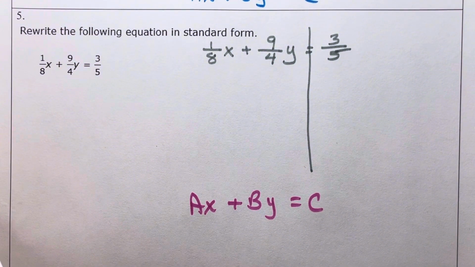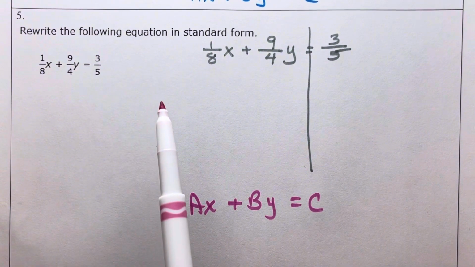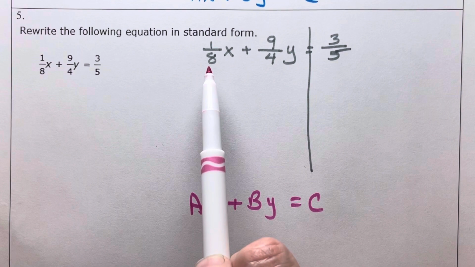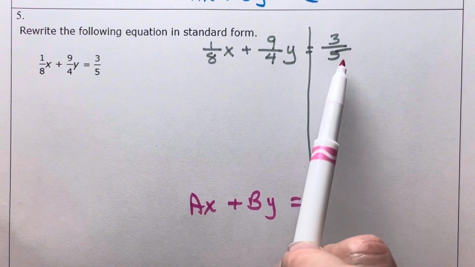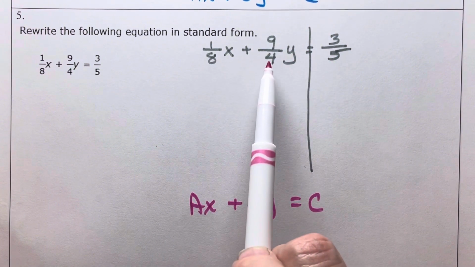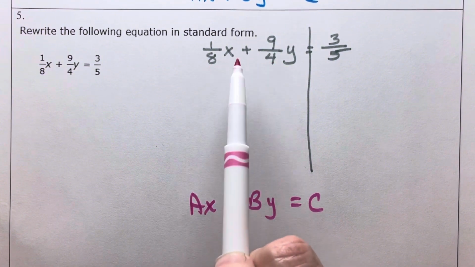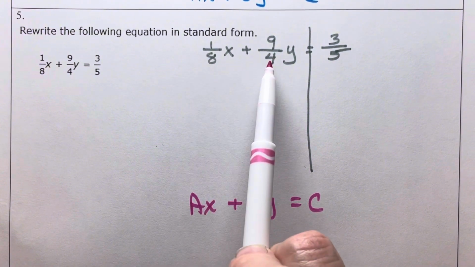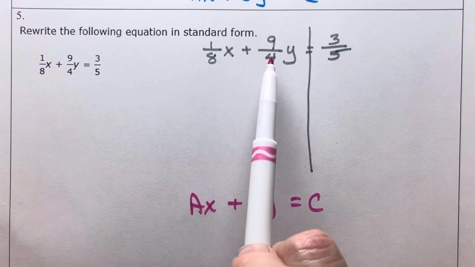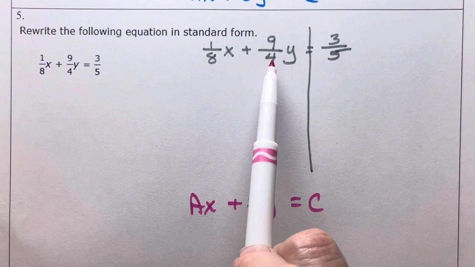But let's see if there's a more efficient way to do this. The efficient way would be to say, hey, do any of our denominators have anything in common? Are they related, so to speak? You'd say, yeah, 8 and 4, they are related. 8 is a multiple of 4.